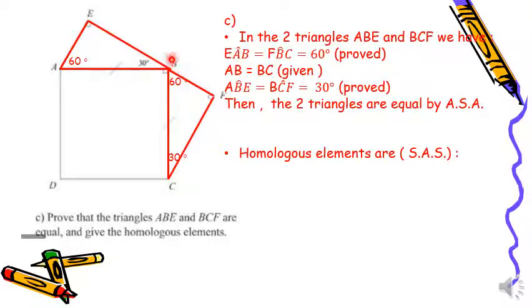We proved that EAB is equal to FBC. So what is the opposite side of angle A? It's EB, equal to the opposite side of this angle, which is FBC. Which side? FC. So EB is equal to FC.